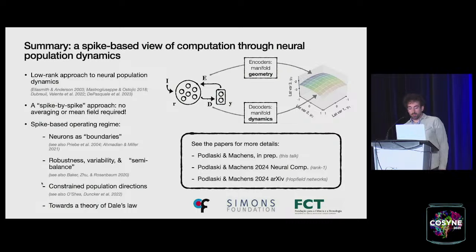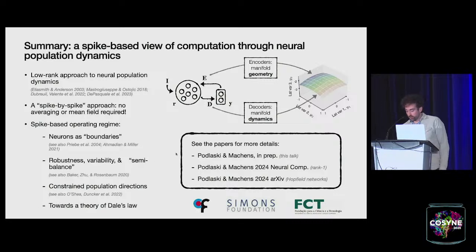We also get directions in latent space that are constrained. So we can't use all of the dimensions of latent space to implement dynamics, but some of them are constrained to just control the activity. And overall, we think that we're approaching a more computational explanation of what Dale's law is for, because it emerges naturally from this framework.